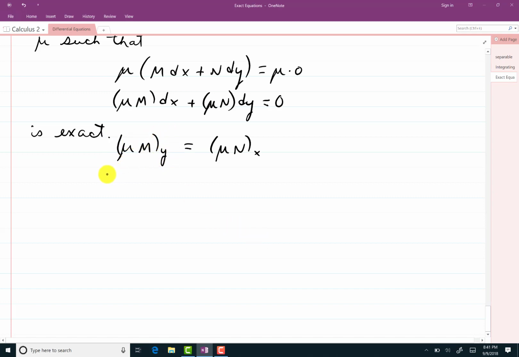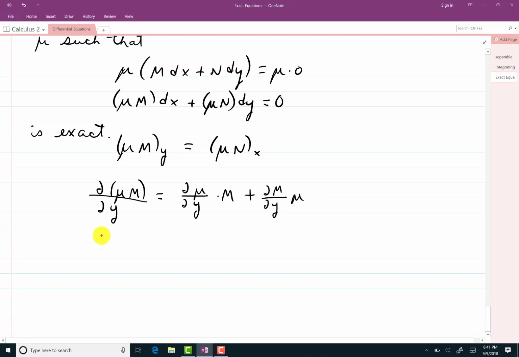So in other words, the partial of mu m with respect to y. Use a product rule because mu times m is a product. So I'll have the partial of mu with respect to y, leaving m alone, plus the partial of m with respect to y, leaving mu alone.